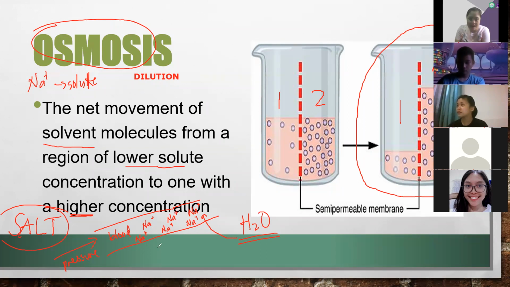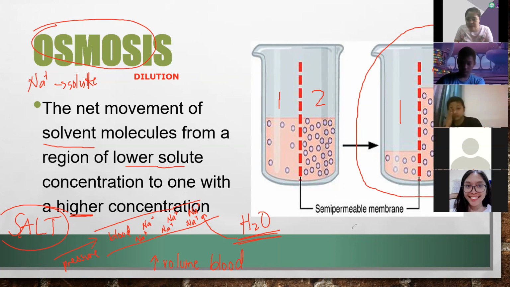Okay? Now, anong mangyayari? Siyempre, tataas yung volume ng blood, kasi nadagdagan siya ng water na nag-move because of the presence of a lot of solute, which is the sodium. So sodium chloride or our salt.